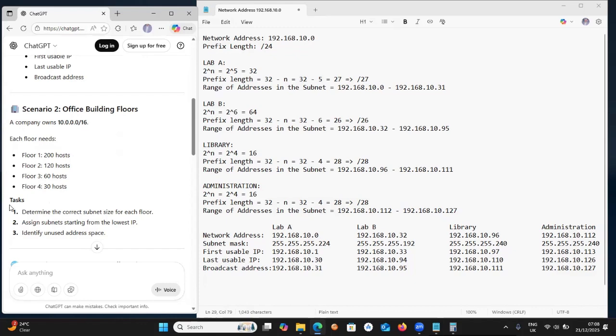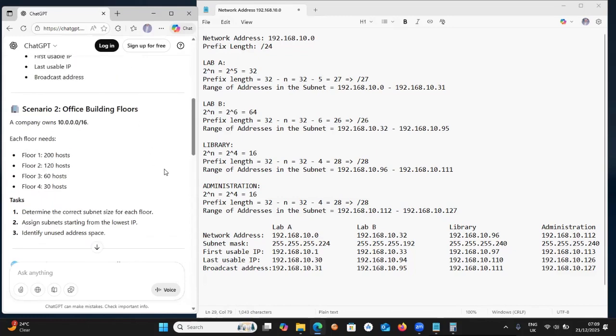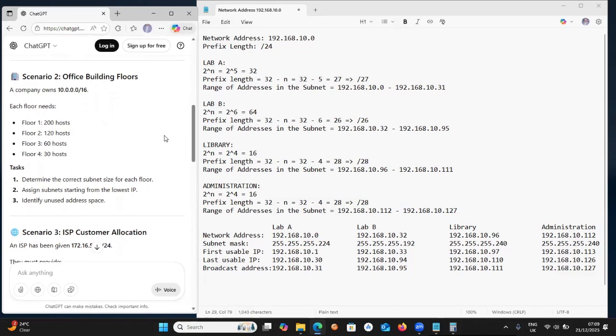You need to determine the correct subnet size for each floor, assign subnets starting from the lowest IP, then identify unused address space. Please do this second scenario and reach out so that I can help you check whether you have got it.